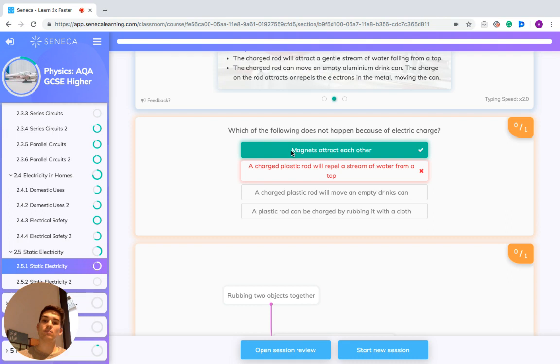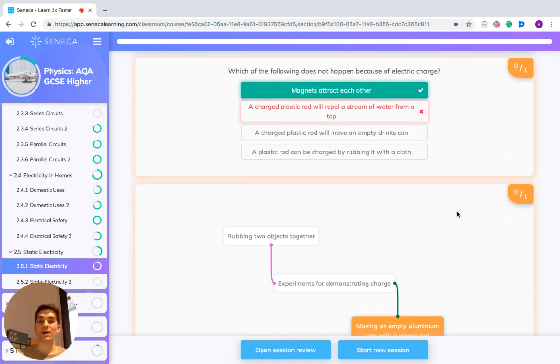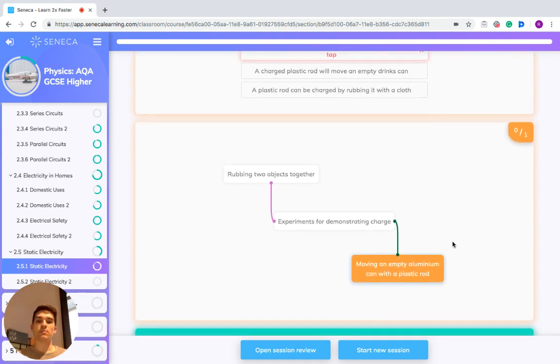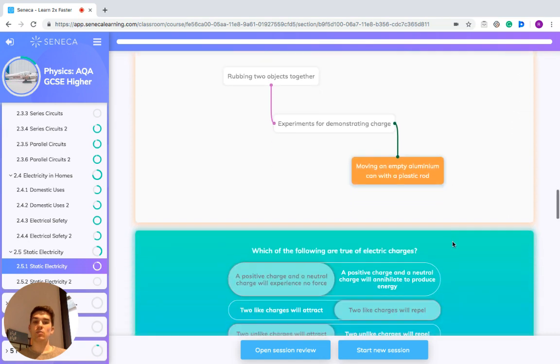When magnets stick together, that's nothing to do with electrical charges. That's to do with magnetic fields. So a couple of experiments you need to remember that can demonstrate charge are the rubbing of two objects together, or the moving of an empty aluminium can with a plastic rod.